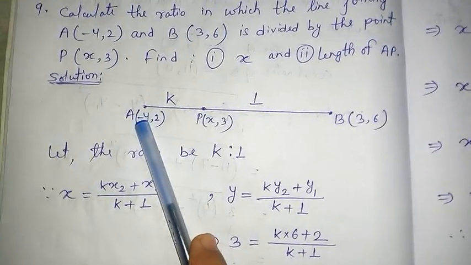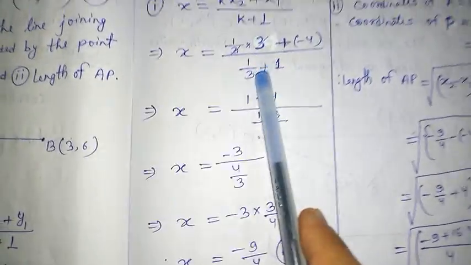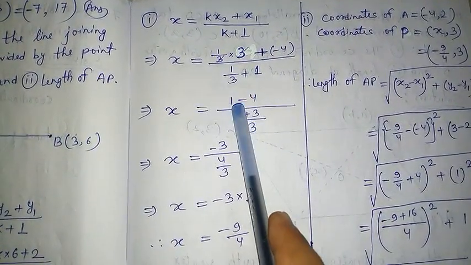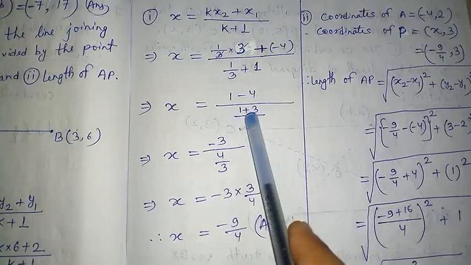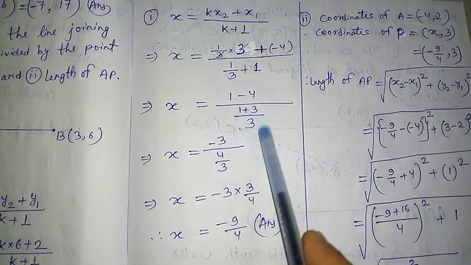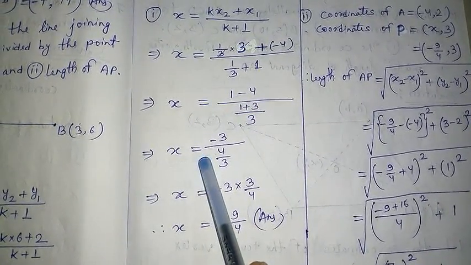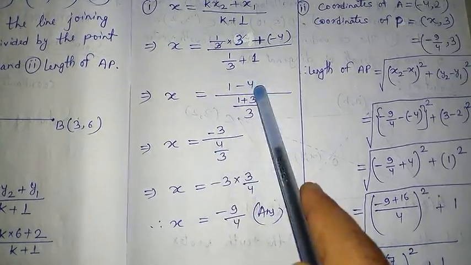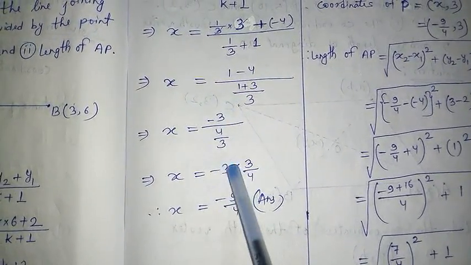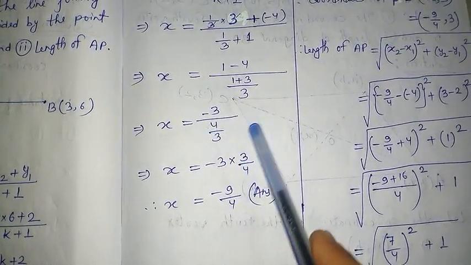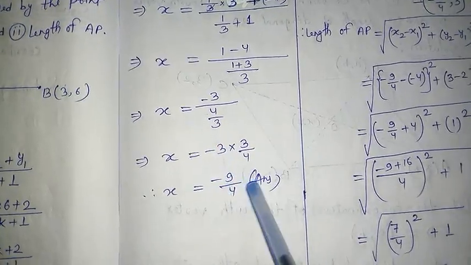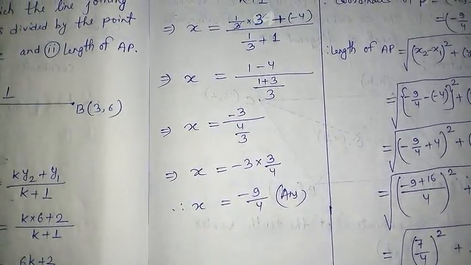After cancellation, I got 1 minus 4 by 1 plus 3 by 3. So x equals minus 3 by 4 by 3. They become reciprocal, 3 goes up, 4 comes down, and 3 threes are minus 9 by 4. So the value of x is known.